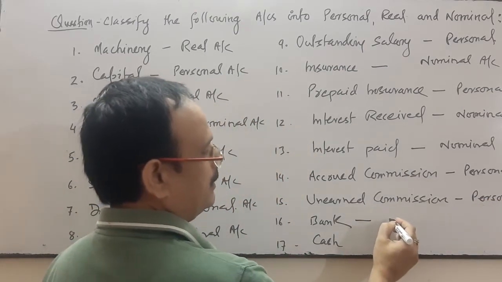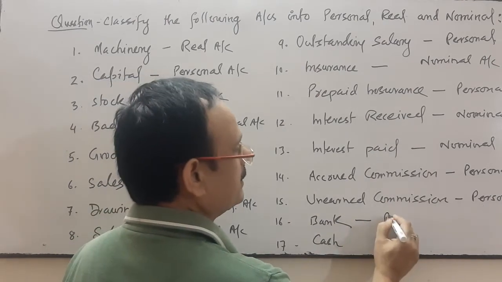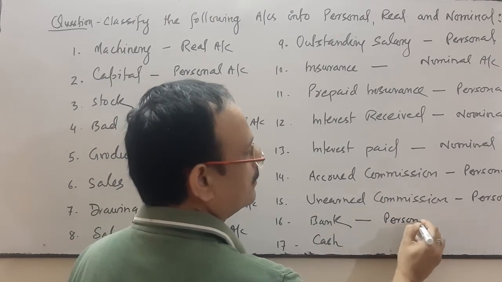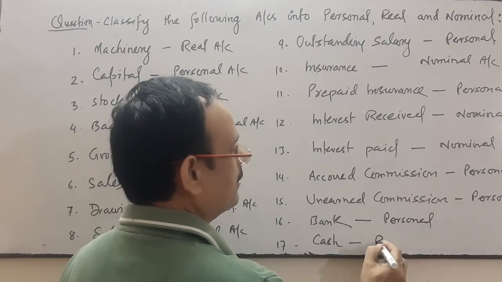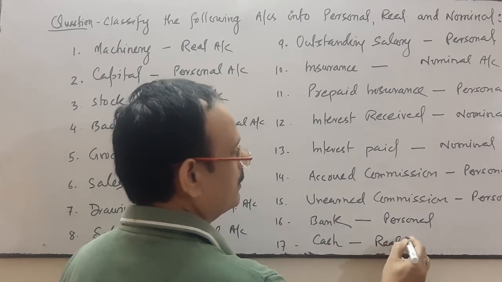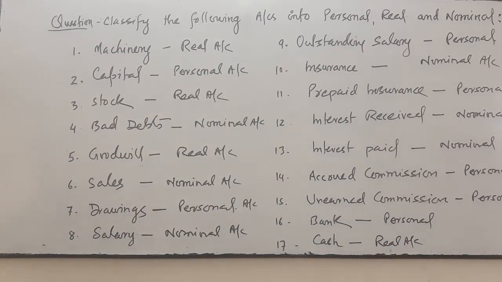Bank is an artificial person created by law. It comes under personal account. Cash is your asset, comes under real account. Okay.